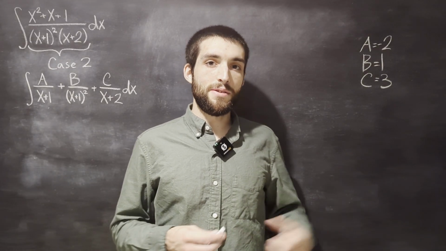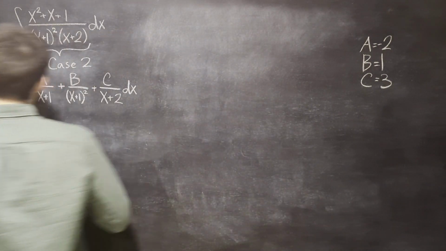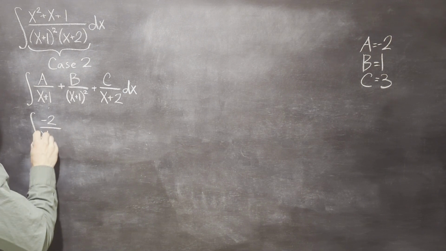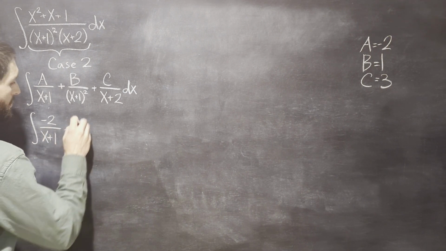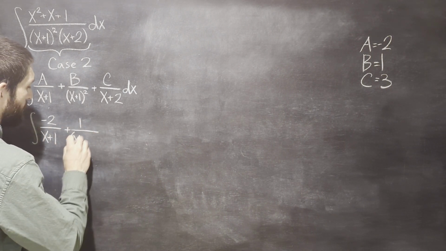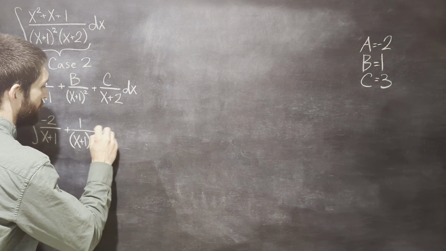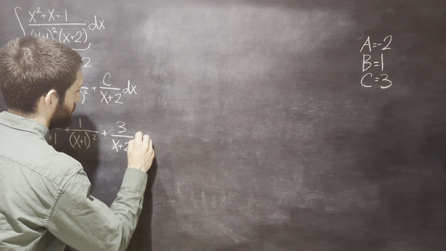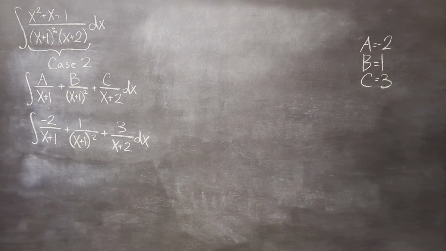Let's substitute these values back into our integral. That will give us the integral of -2 / (x + 1) + 1 / (x + 1)² + 3 / (x + 2) dx.